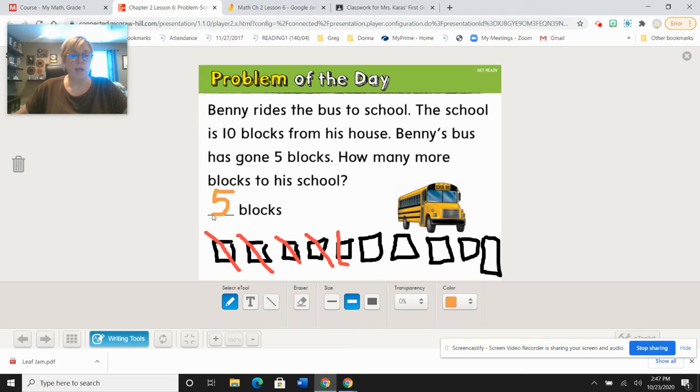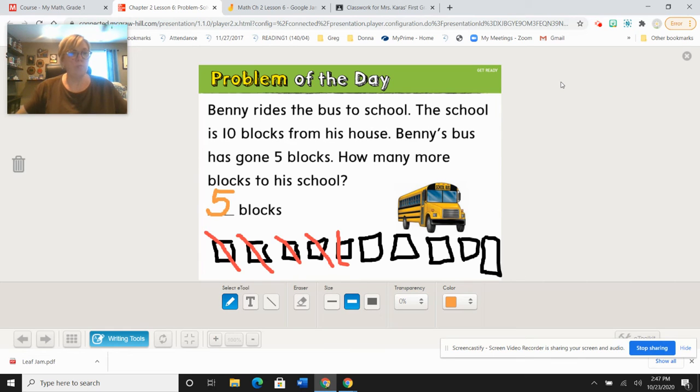5 more blocks. Now, some of you may have known this answer. But once again, I want to remind you that, in addition to doing subtraction, one of the other things I'm trying to teach you is strategies, how to solve things.